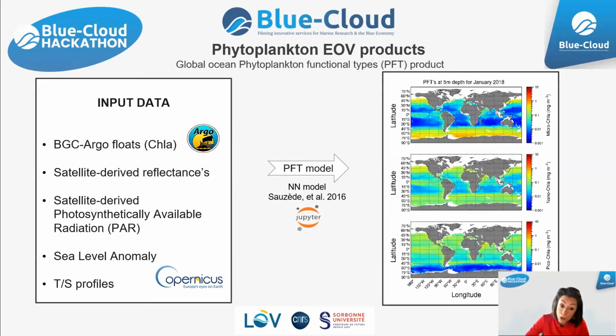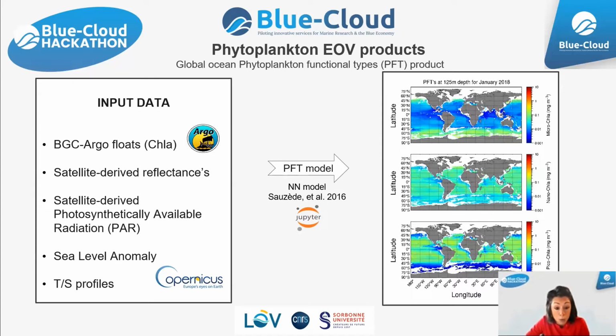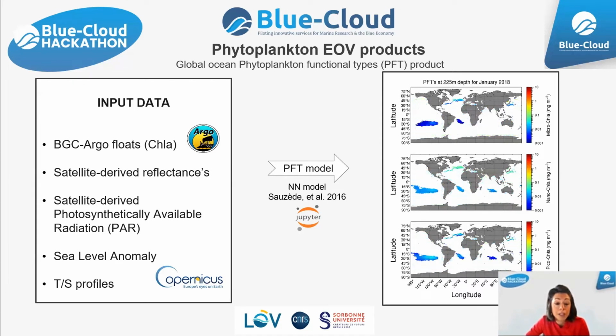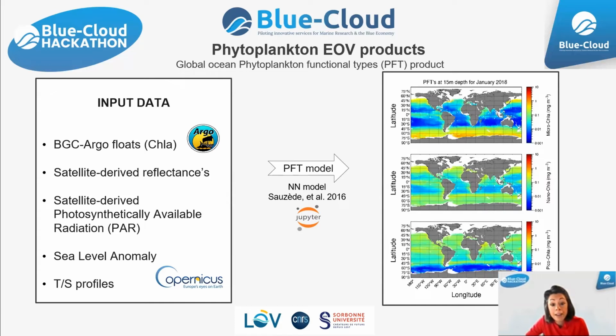And the second product consists of the same input data, but here a second neural network model was trained, what we are calling the PFT model. So these are generating global ocean phytoplankton functional type products. And again, here on the right, we have a map with the main output of the model.